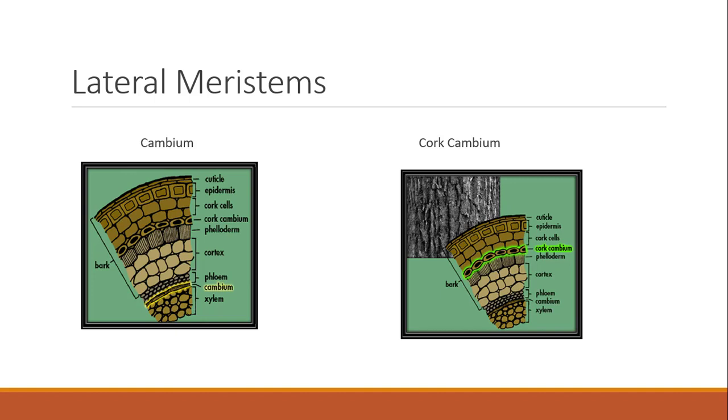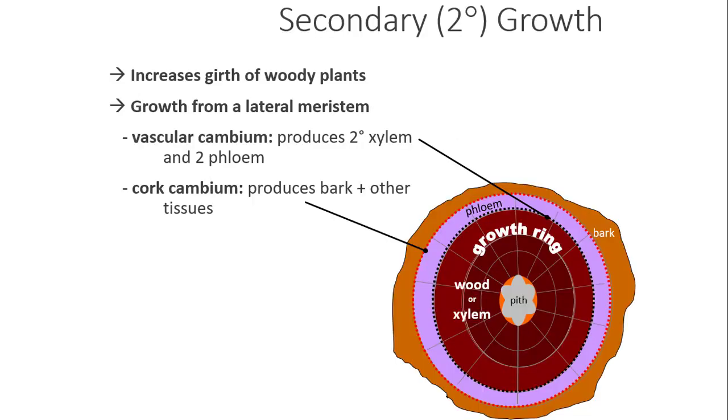You've got cambium and you've got cork cambium, and we'll talk about that in a second. Secondary growth increases the girth of woody plants. Growth comes from the lateral meristem, and so vascular cambium produces secondary xylem and secondary phloem, and cork cambium produces bark and other tissues.